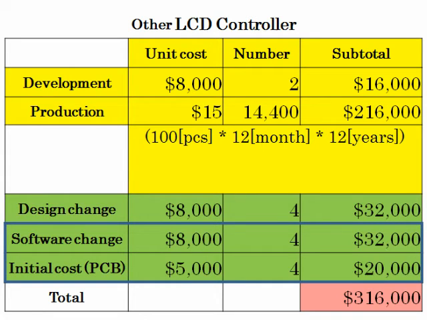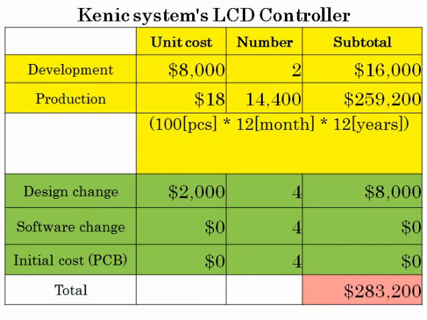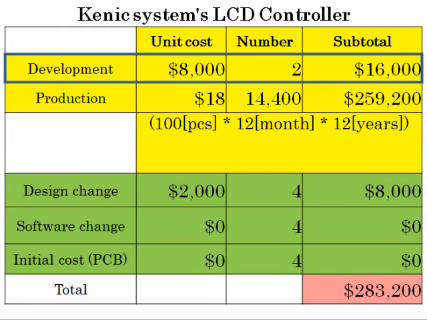Software change cost equal $32,000. And initial cost PCB equal $20,000. As shown in this table, the total cost is $316,000.